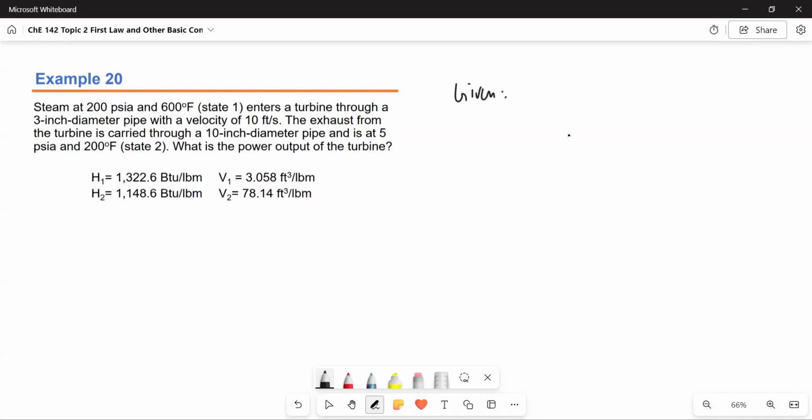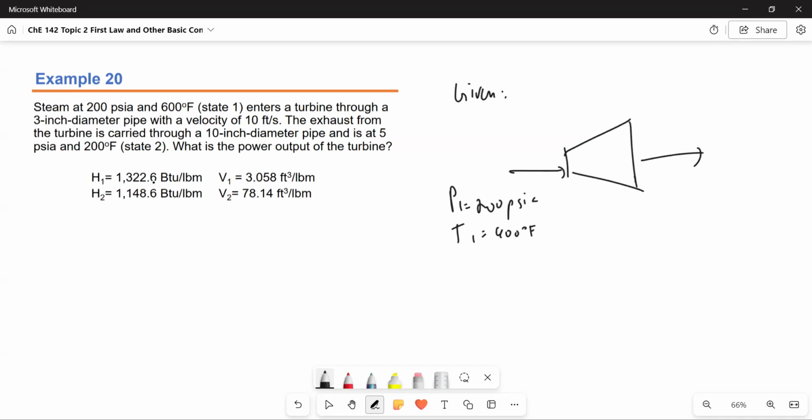Okay, so for a turbine, the inlet is smaller than the outlet, indicating an expansion of the volume. The pressure is given at the inlet, and also temperature.